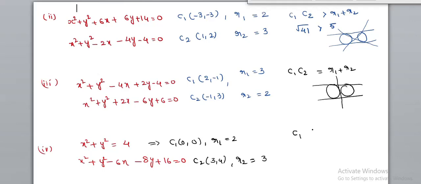C1 C2 condition is equal to R1 plus R2, same as usual. Okay, do homework. So next.